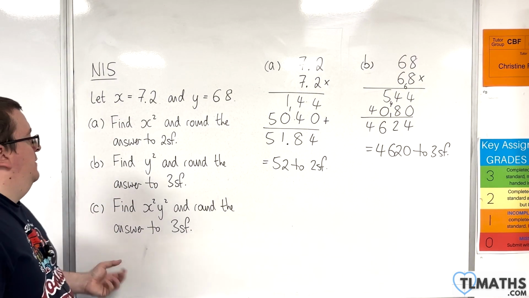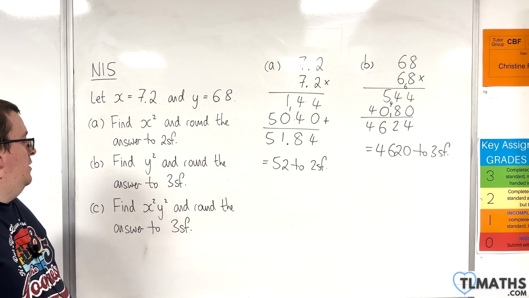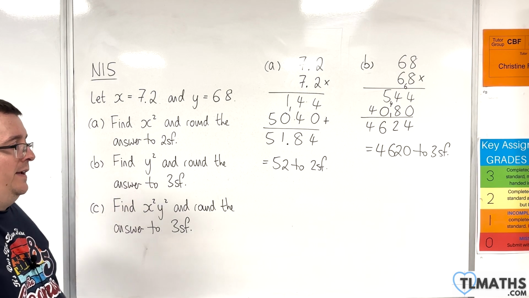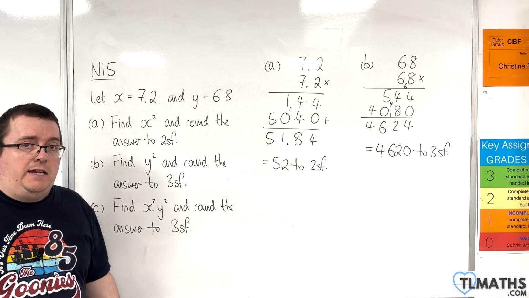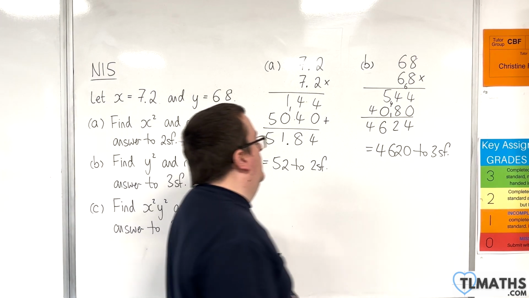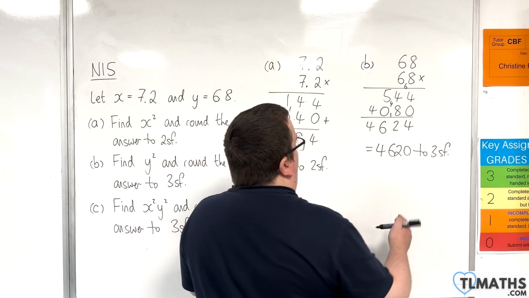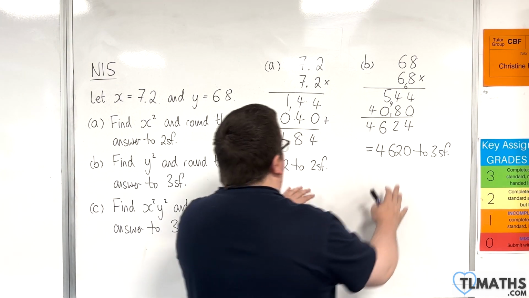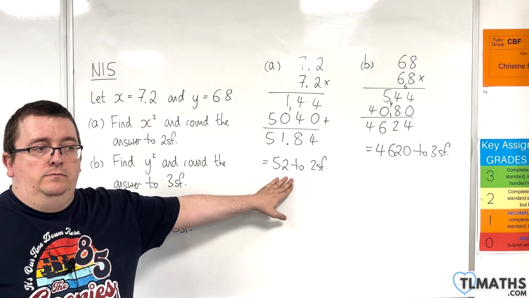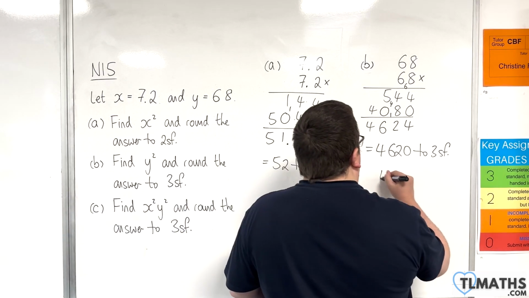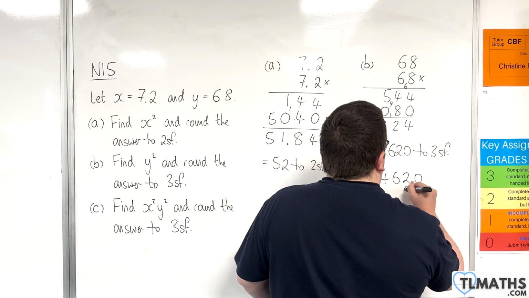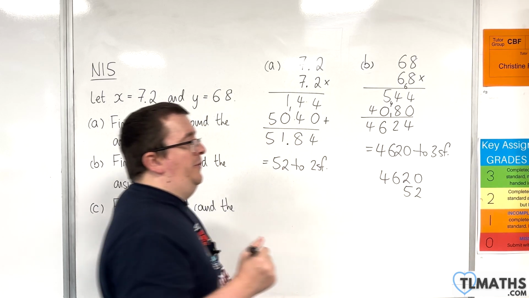Now, part C, find x squared times y squared, and round the answer to three significant figures. Now, the mistake that you could make here is you could multiply 4,620 by 52. Okay? So, 4,620 by 52. This would be a mistake.